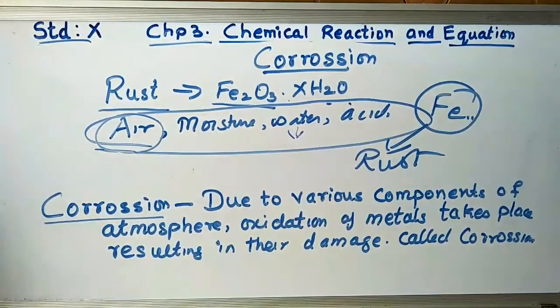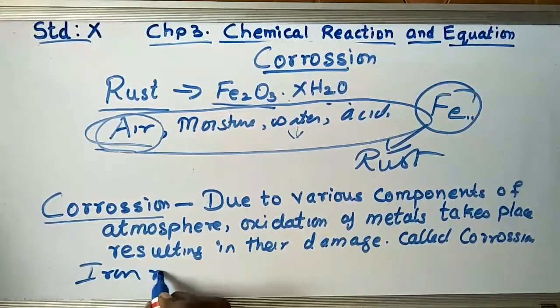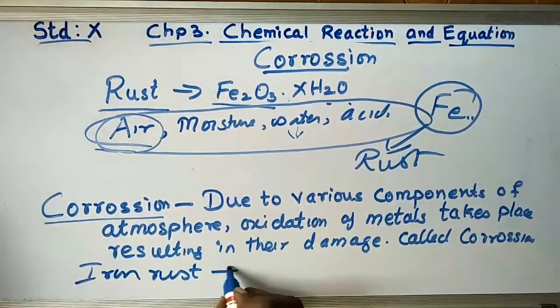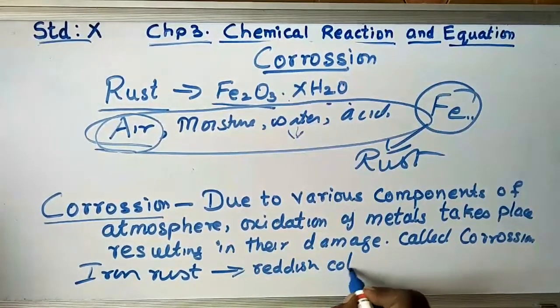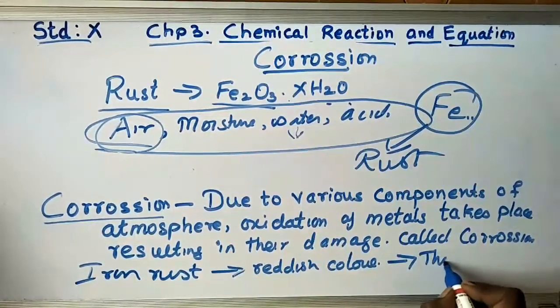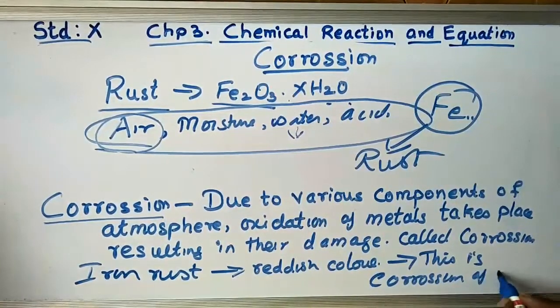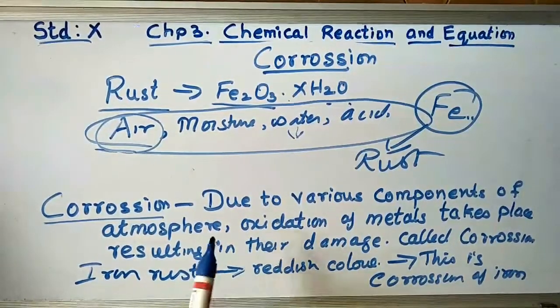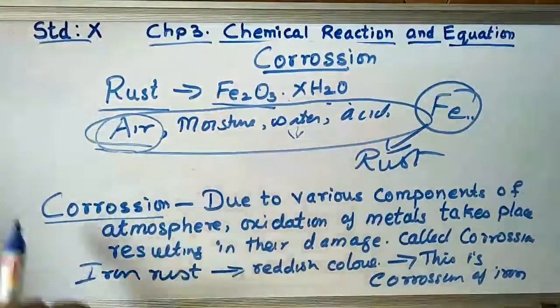Here corrosion means iron rusts, and it forms a reddish color. This is called corrosion of iron. What is corroding here?